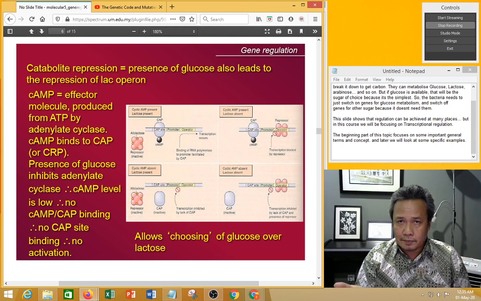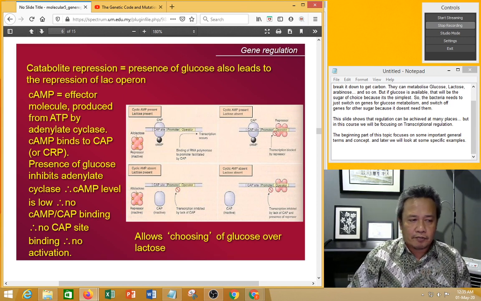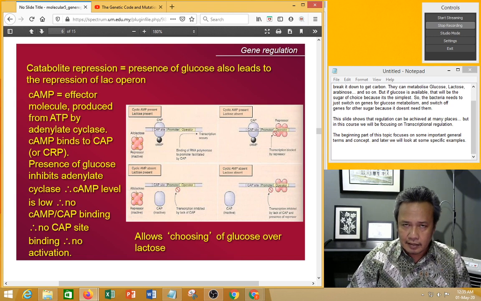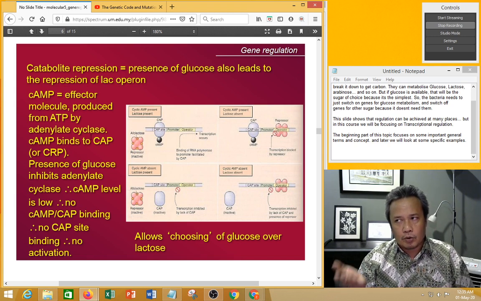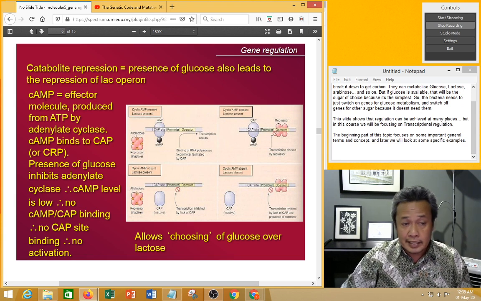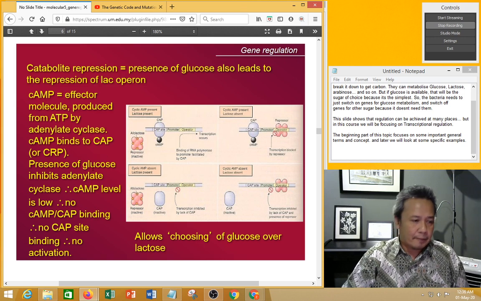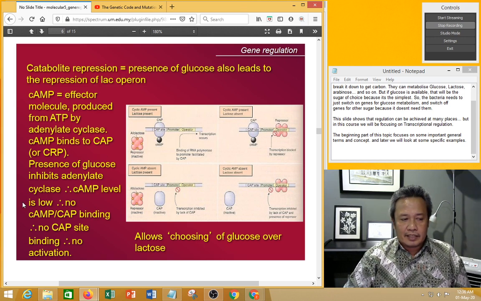If glucose is present, glucose blocks the function of adenylate cyclase. That means when glucose is present, you don't get cAMP. Why is cAMP important? Because it needs to bind to CAP. When cAMP level is low, there is no CAP binding and therefore no activation.